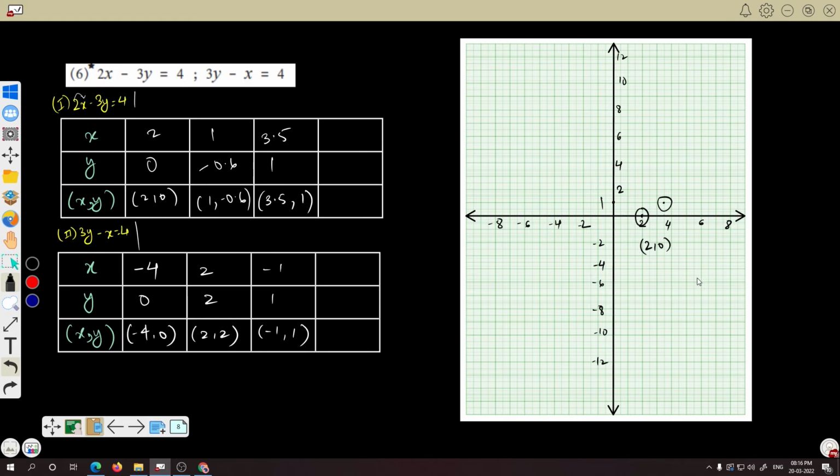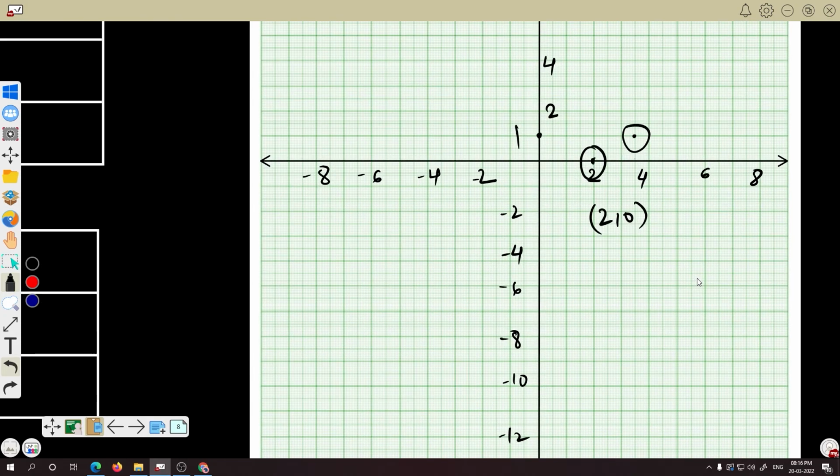Now for the second point, I need to zoom in. The coordinate is 1 comma minus 0.6. This is 1 and 0.6 is exactly at this point. So this point is 1 comma minus 0.6.